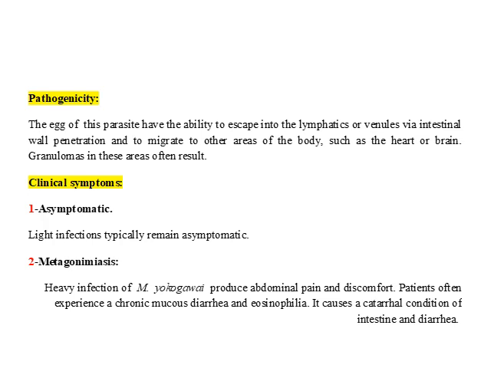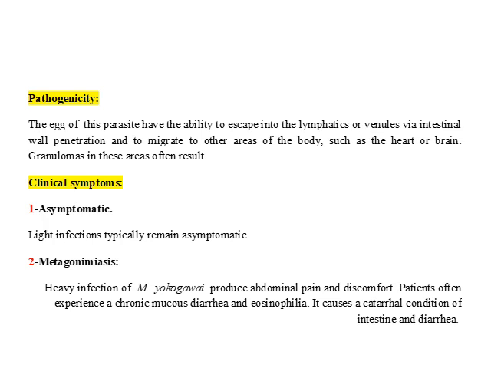Well, about its clinical symptoms, two phases: asymptomatic and symptomatic. The asymptomatic, we can say light infection, typically remains asymptomatic. The affected individual does not suffer from symptoms, does not appear symptomatic.